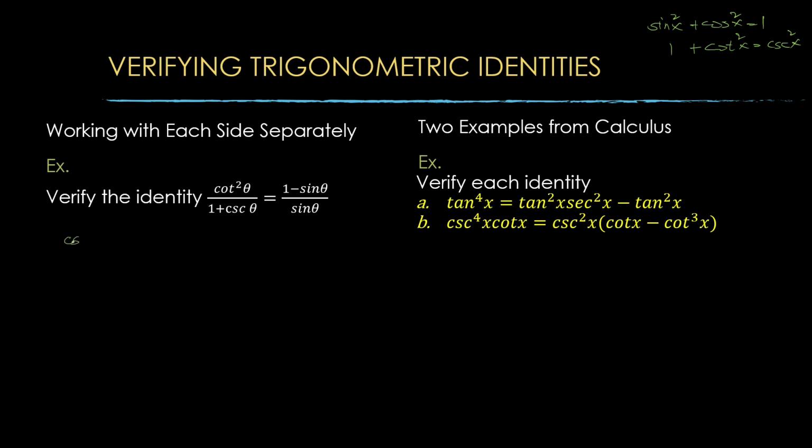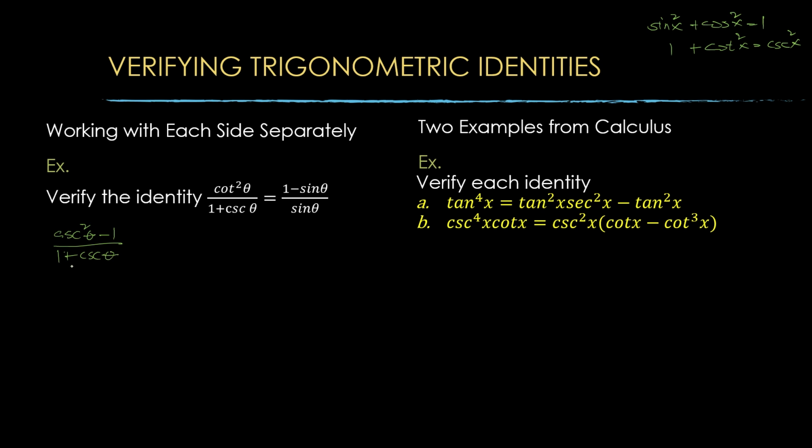Okay, cosecant of theta squared minus 1 all over 1 plus the cosecant of theta.